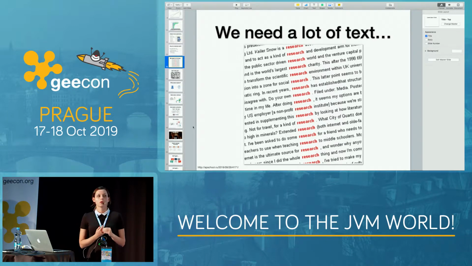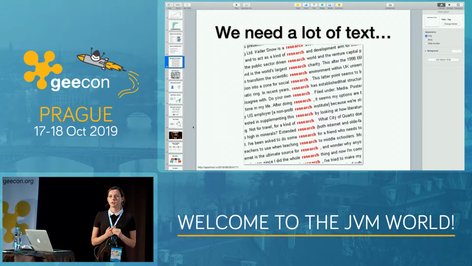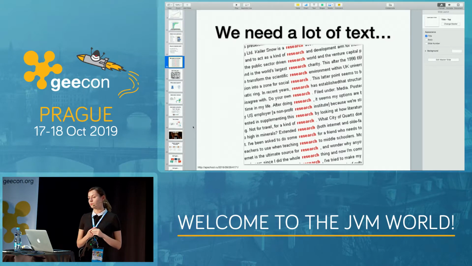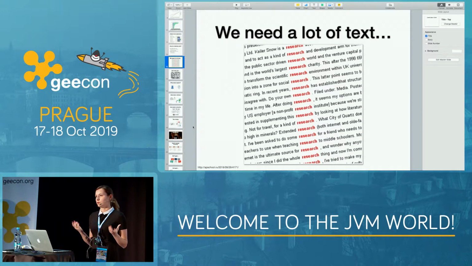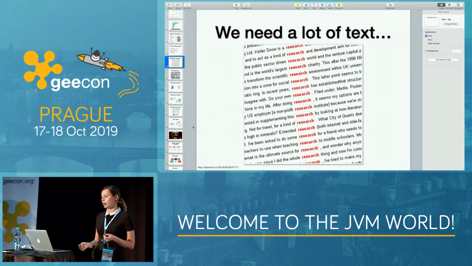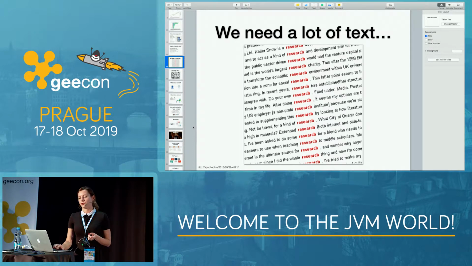So, what do we need to teach the chatbot something useful? We need a lot of text. In every NLP, natural language processing algorithm, you need a corpus of your language. Corpus is a lot of text data that is fed to the chatbot, and the chatbot knows something about the language you're using.